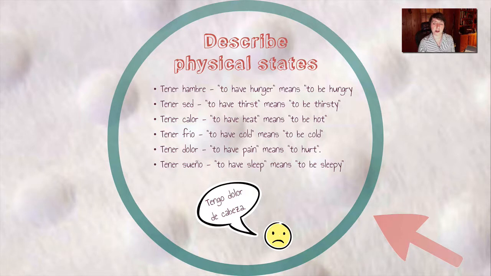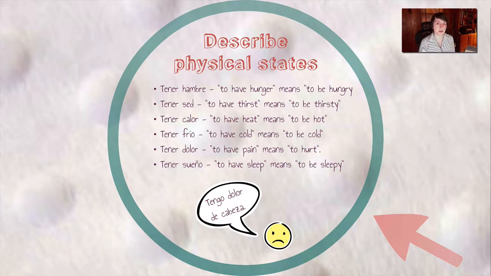So let's describe some physical states with tener. When we have a feeling in Spanish, often, though not always, we'll describe it with tener. So instead of saying, I am hungry, I'll say I have hunger. Or I am thirsty, I'll say I have thirst.